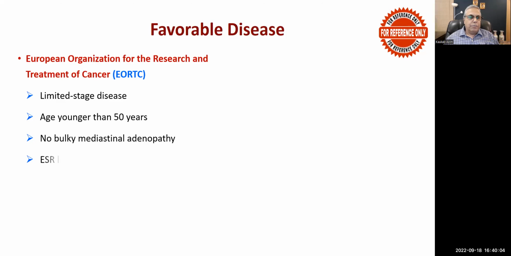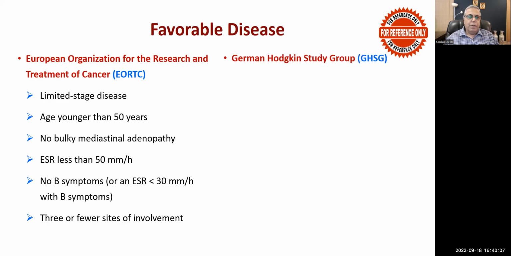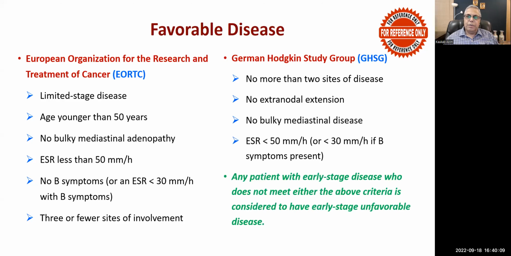Right, so again, they have given some favorable or unfavorable factors, German Hodgkin Study Group and European Organization for the Research and Treatment. So any patient with early stage disease who does not meet either of the above criteria is considered to have early stage unfavorable disease, okay?